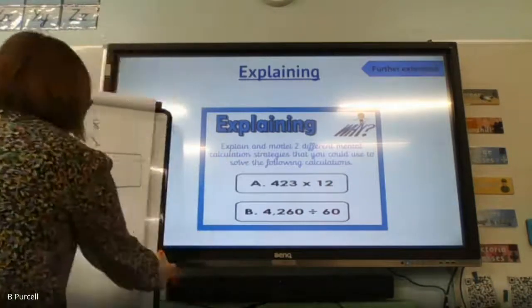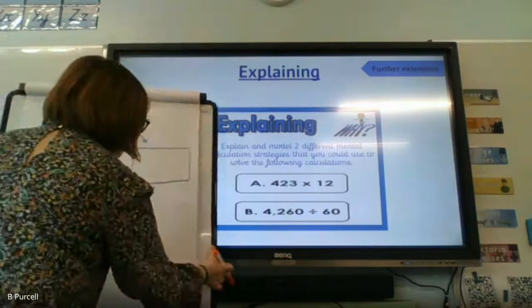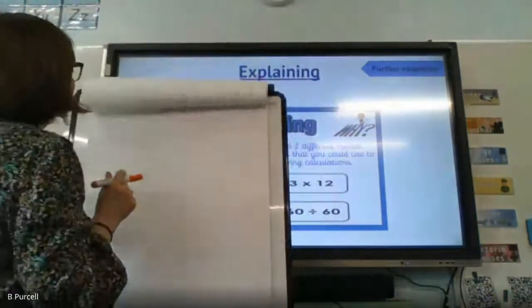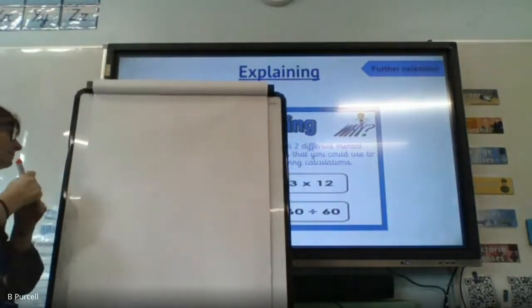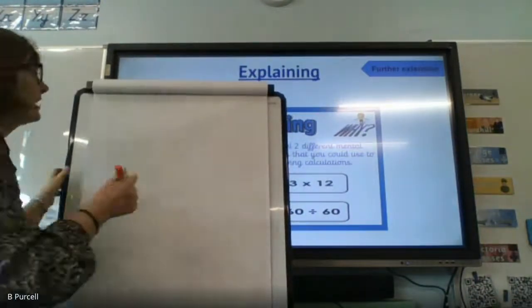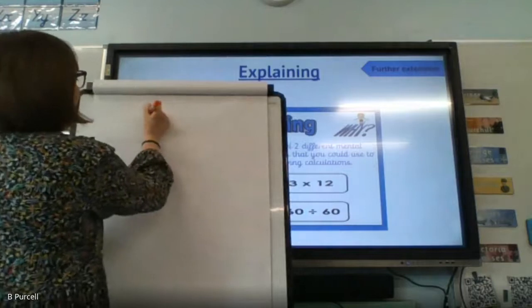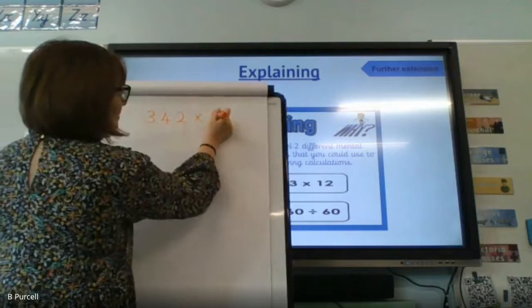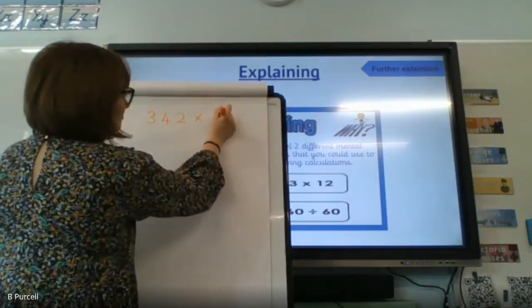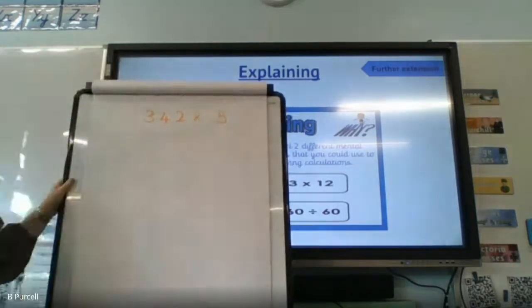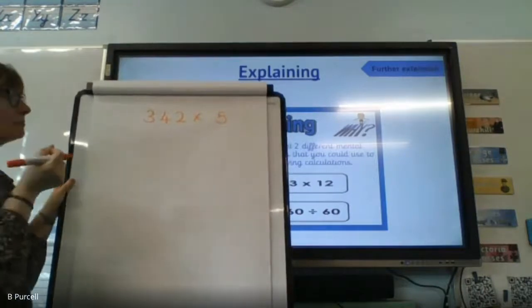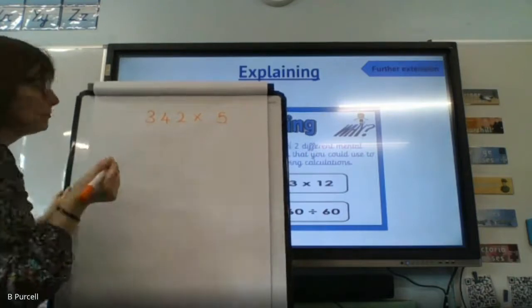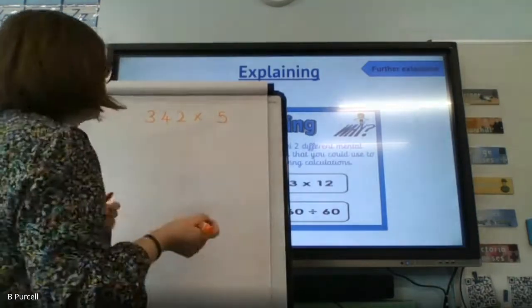So for instance, if I was going to multiply two different ways, I might take the number 342 times 5. Okay, so I'm going to partition using the part-whole model, because that's one of the methods we used.